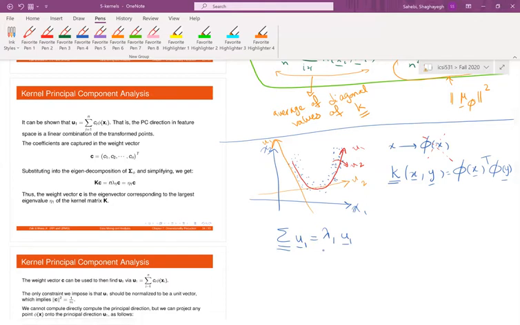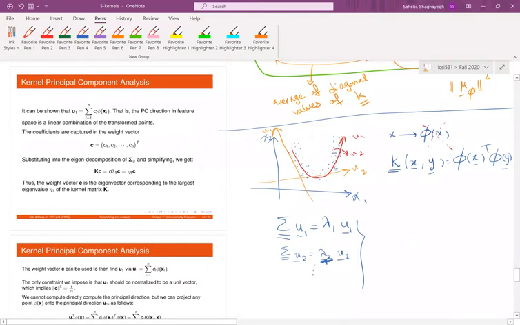And after we found the largest eigenvalue and eigenvector, we could do this for U2, etc., etc. So basically, we could put together all the eigenvalues and eigenvectors and say this whole thing in a matrix representation.